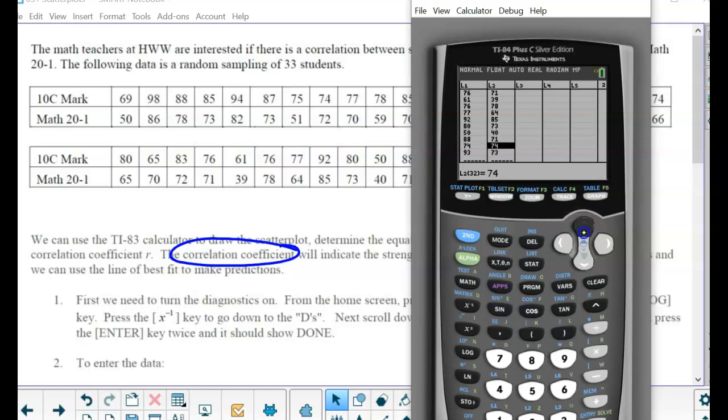All right. Got those okay. Let me know if we got something different once we do our calculations.